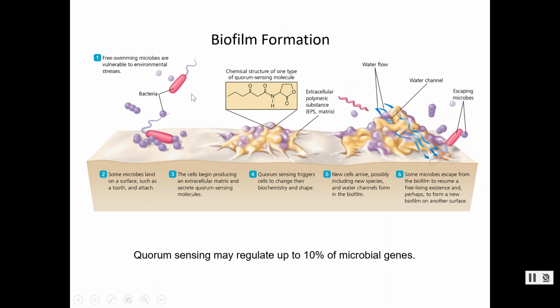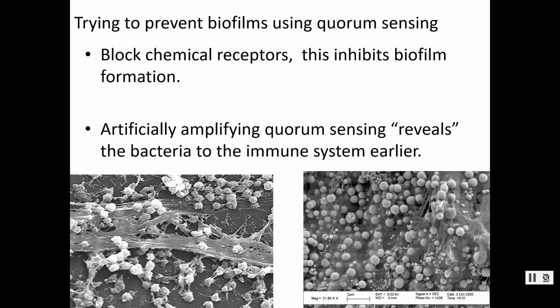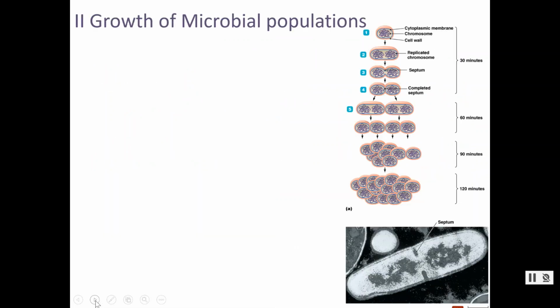So he starts making proteins that your immune system recognizes as a threat. And then your immune system tackles this individual before he forms a whole bunch, forms an army. By the time the immune system knows that there's a problem, there's so many of them that the immune system is overwhelmed. So those are different ways that we can use the process of quorum sensing to help us fight back from that. Okay. All right, so that is quorum sensing in a nutshell.